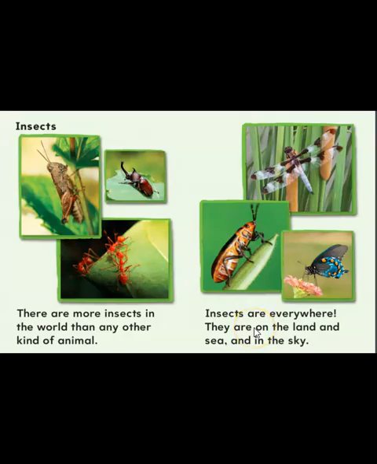The idea I'm learning is that insects can be found in the grass, climbing on leaves, and even flying around in the sky or even in the water. I also just answered a question that I asked on the previous page about where else insects and spiders live. So now I know.